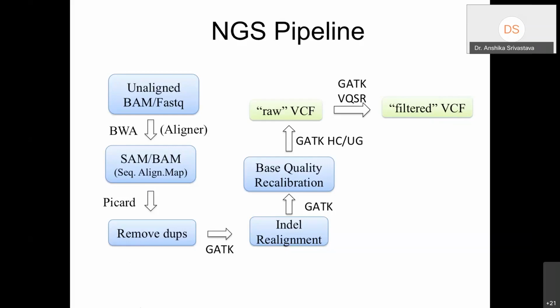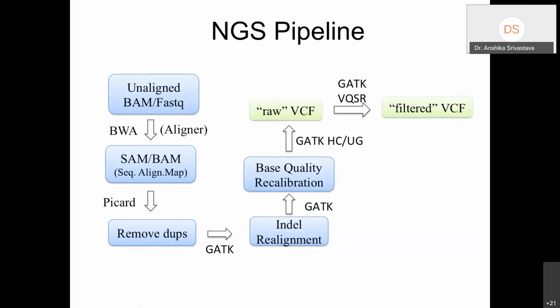Then you map to the reference genome, then you remove the duplicates. These duplicates were created during the library preparation, adapter and linker addition, during the library construction. Picard is the software that removes the duplicates, and then we use GATK.